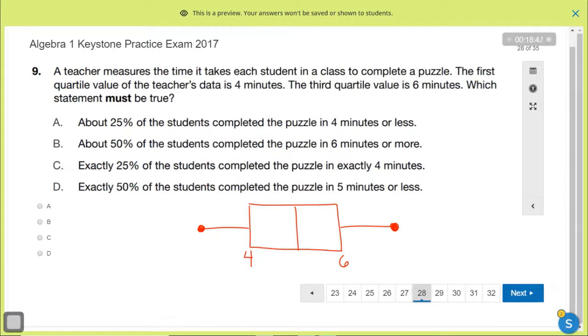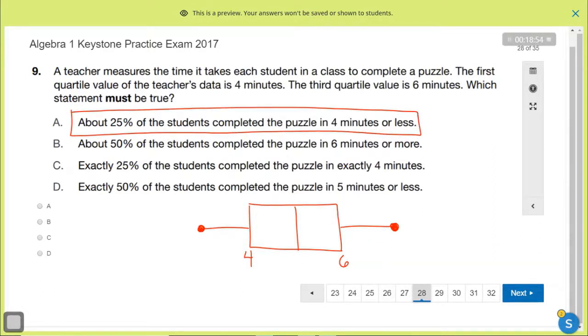Now let's take a look at our values. About 25% of the students completed the puzzle in 4 minutes or less. Well, I'm going to stop right there. That one is definitely true. All right. Now, I want to be a little bit careful with this. I like that they said they completed it in 4 minutes or less, because we know this section down here is 25%. But let me just draw you a unique situation for a moment.